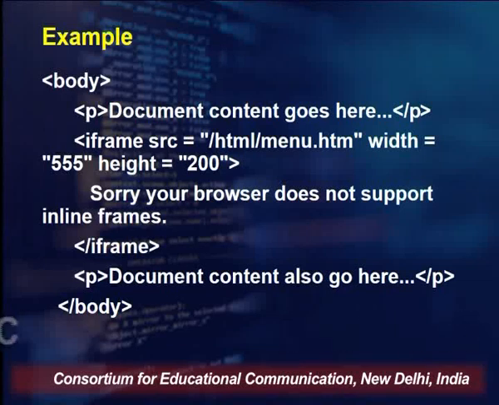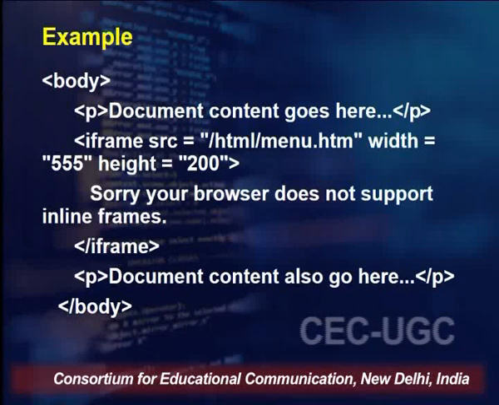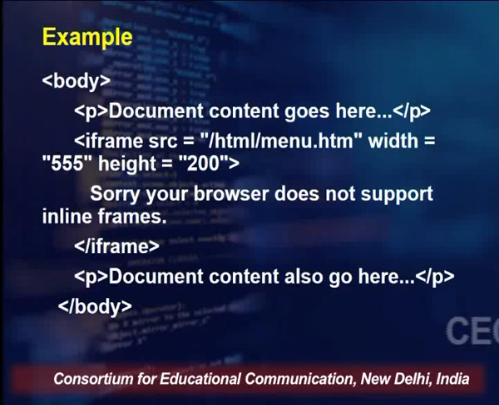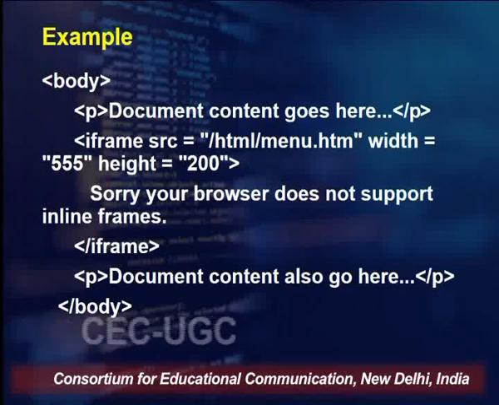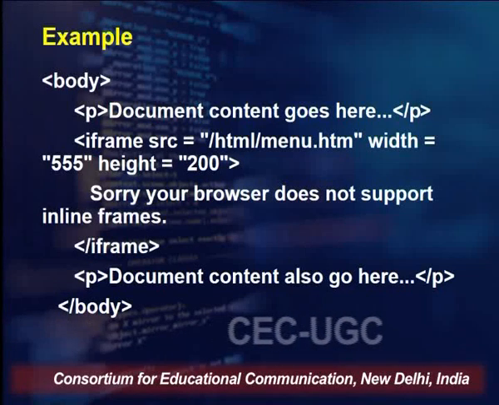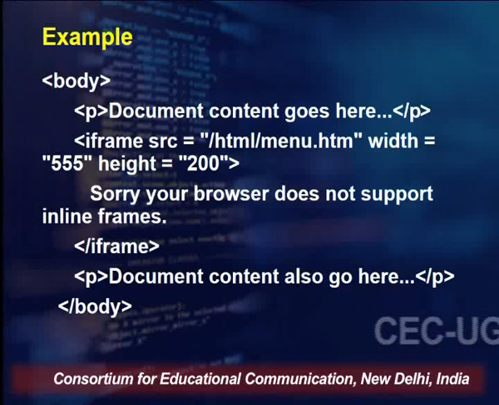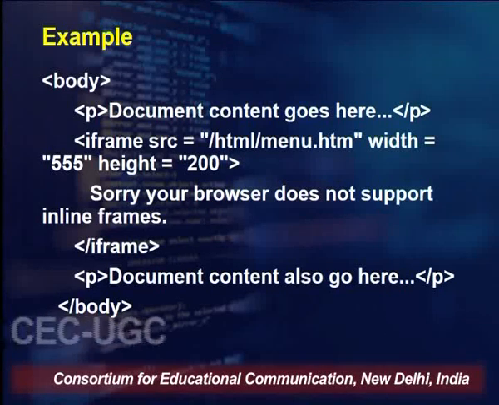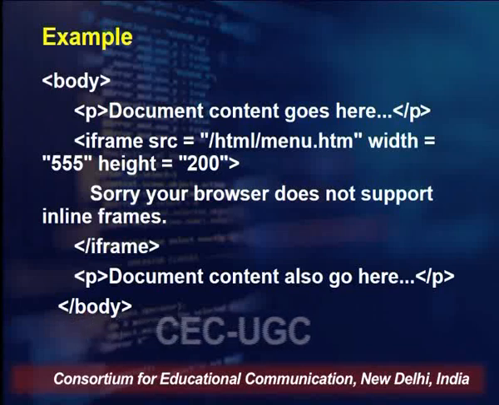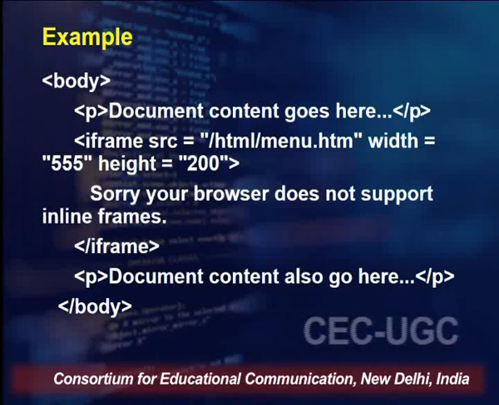This code is telling the browser to create a separate section with a width of 555 pixels and a height of 200 pixels, and the HTML document displayed inside that section will be menu.html. So we have iframe, then src equals menu.htm, width equals something and height equals something.